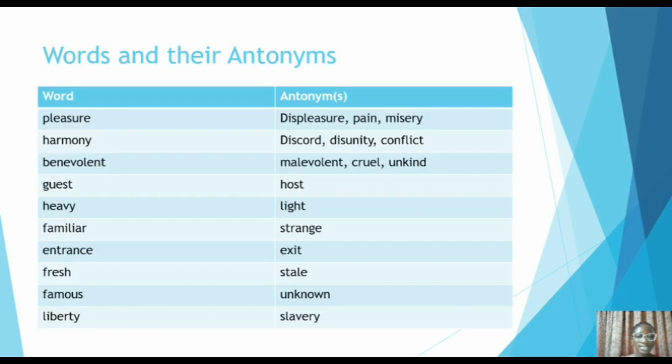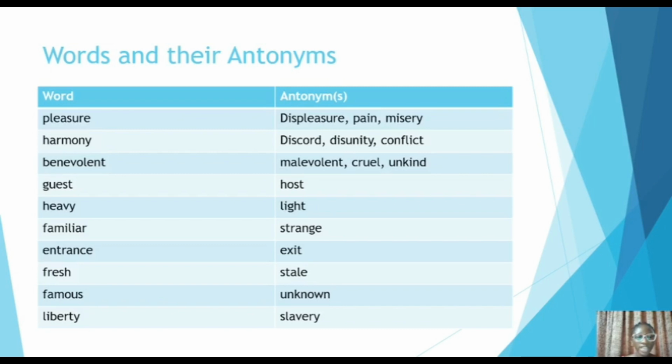We have guest and host. Heavy, light. Familiar, strange. Entrance, we have exit. Fresh, we have stale. Now let's look at that fresh again. Just like I said, a word can have more than one meaning.